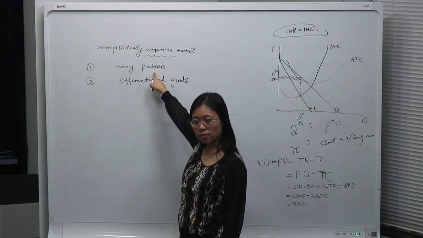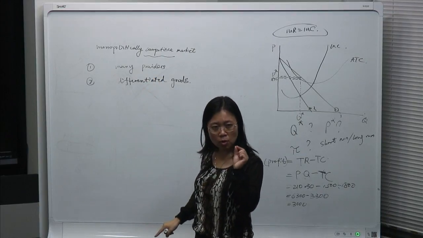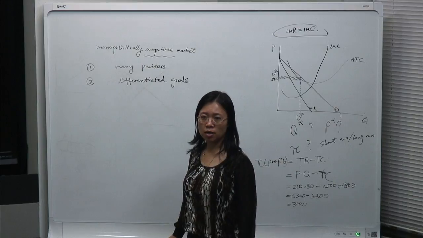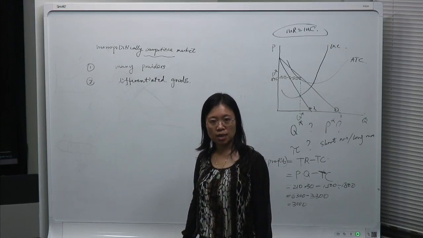Each supplier can only have a very small market share. However, since they are able to differentiate their product from somebody else's, they are able to maintain that market power.